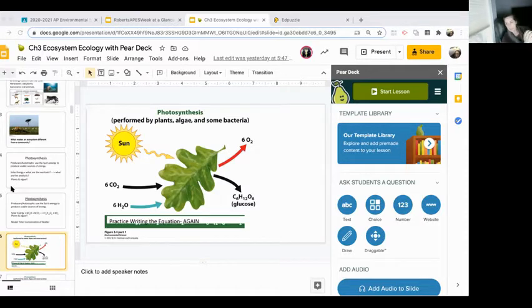And my understanding with this also is that this can be done on demand. So I can run this live with you as a lesson. Oh, I gave you multiple choice, it looks like. Or I can, I don't remember what I did last night, I was tired. Or you can do this asynchronously. So you guys could do this. The code is up here at the top right, VUDYEG.